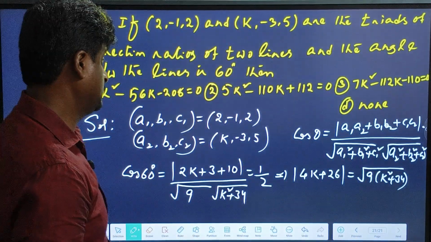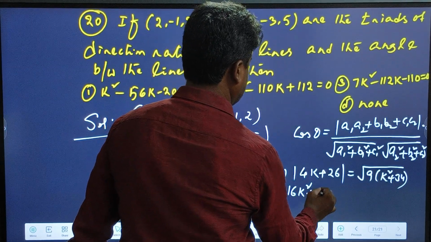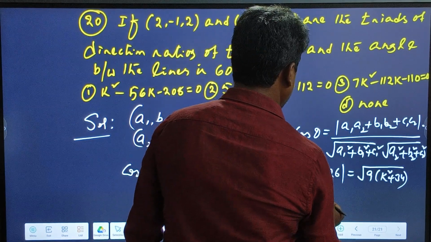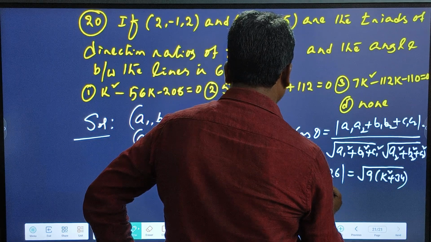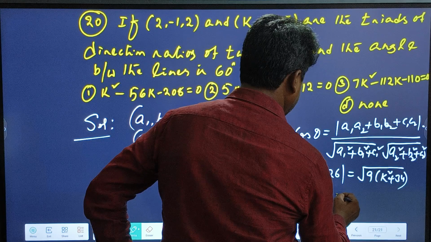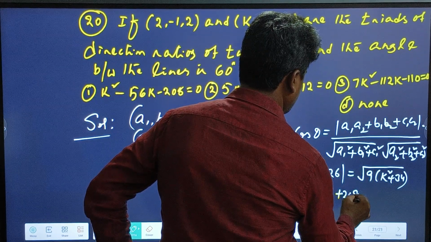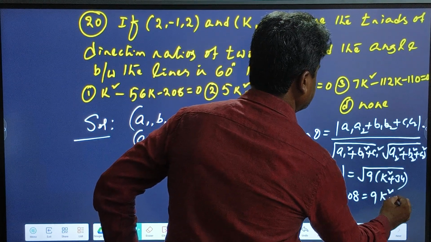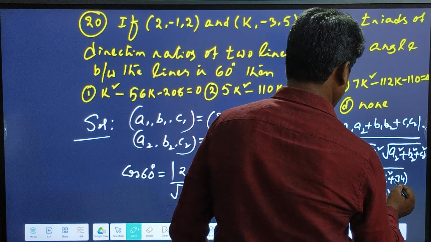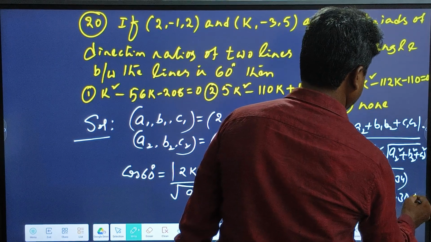Squaring on both sides: 16k square plus 26 square, which is 676, plus 2ab, 2 into 4 into 26, 8 into 26, 8 sixes are 48, so 208k, is equal to 9k square plus 9 into 34, 9 fours are 36, 27, so 306.